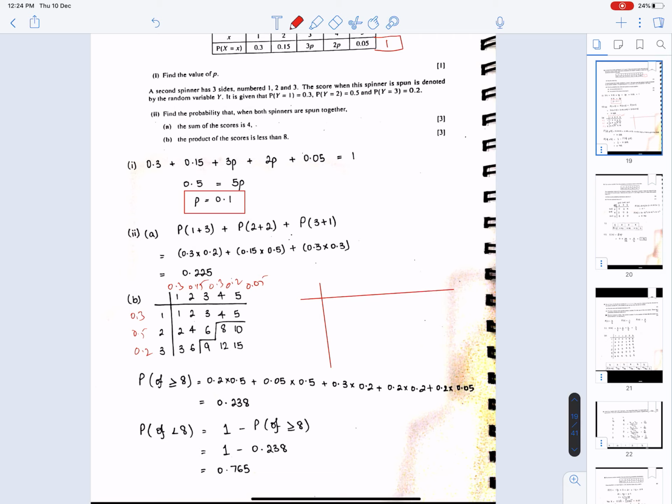When there are two operations like sum and product, then use this possibility space. This possibility space will make the calculation simple and will save your time as well.